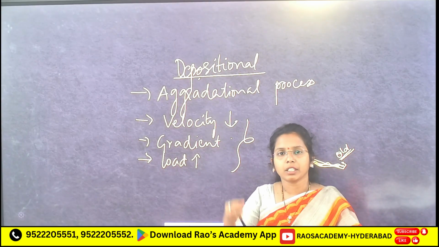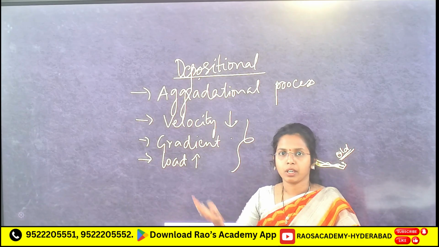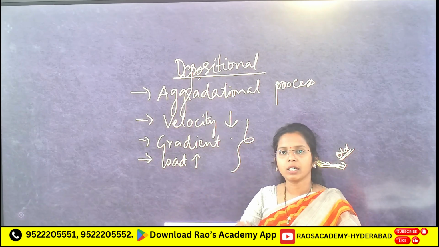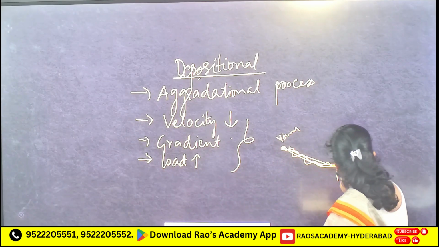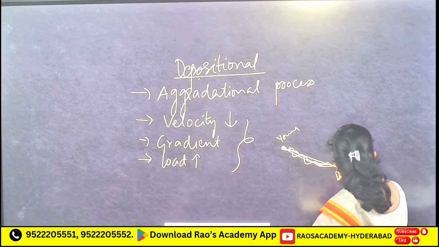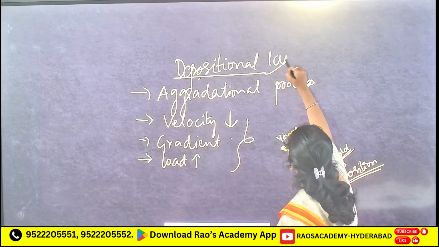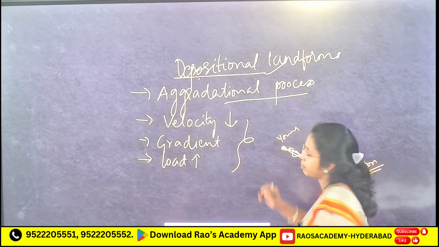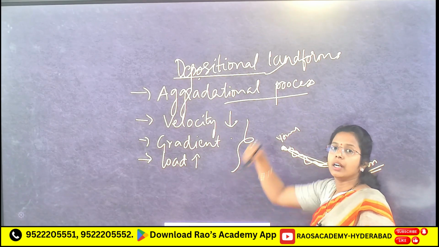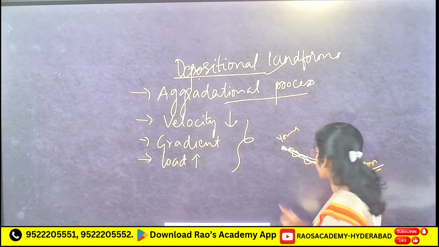When the speed decreases and load is increasing, what will the river do? It will deposit. Continuous deposition of this load creates depositional landforms, which means it is aggradational. Erosional is degradational, depositional is an aggradational process.